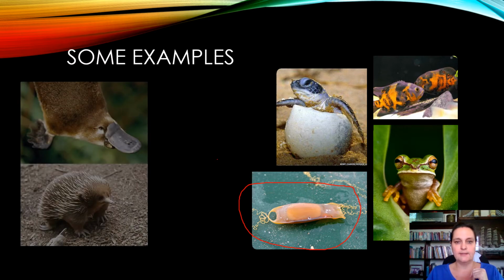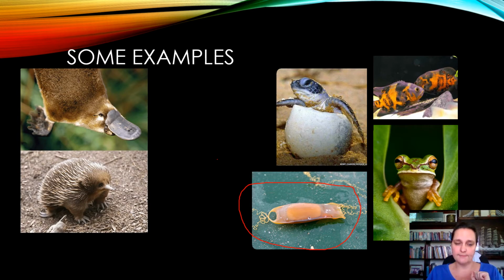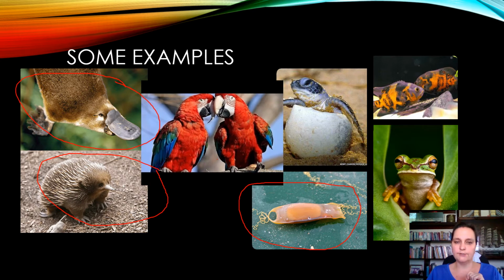Then there are only 2 mammals that are oviparous or egg-laying, and they are your platypus over here and your echidna. So your platypus and your echidna, both Australian animals. And finally, just to remind you, all birds are egg-laying, all birds are oviparous.